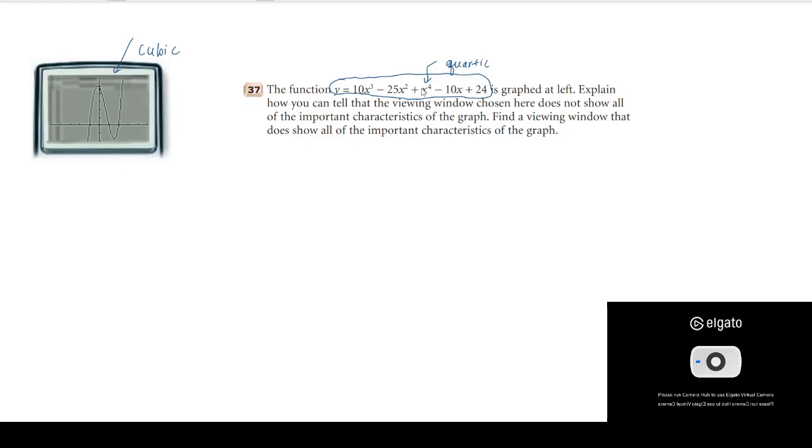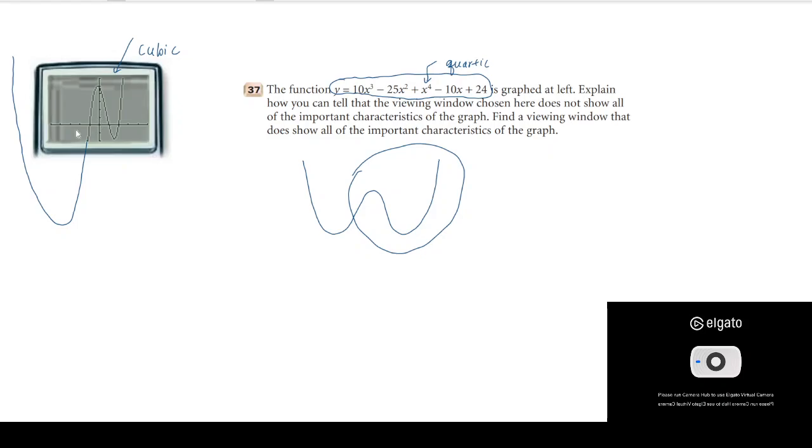So a quartic function with a positive leading coefficient would have a shape that looks like this. The one that's showing in that window right now is this portion. So maybe this will have something like this. It's not showing in the window.